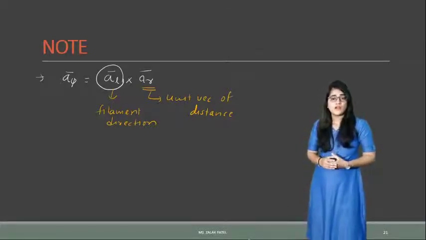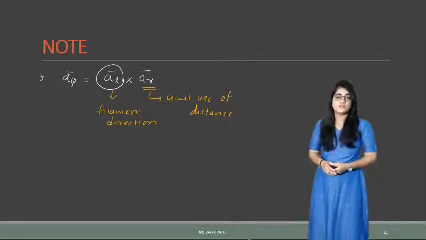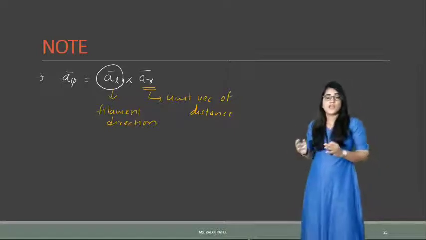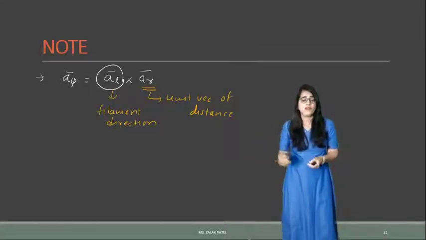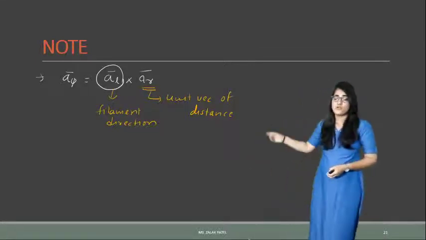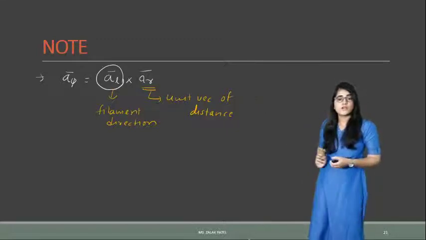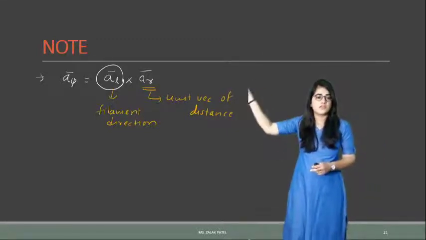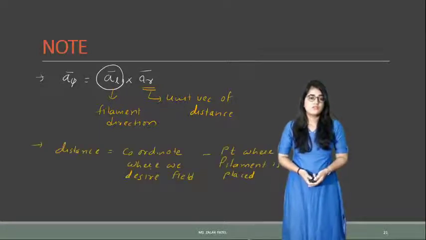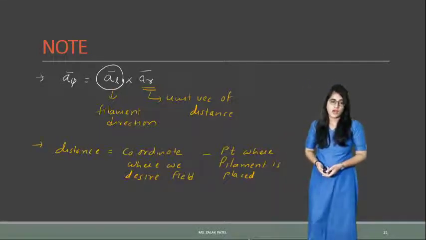So first, how can one find the vector of the distance for the magnetic field intensity? It can be found by the desired point where we require the magnetic field intensity minus the point where the current filament is located. So this is how you can calculate the aR, and then you put the values in this equation. This gives you the final value of aφ.